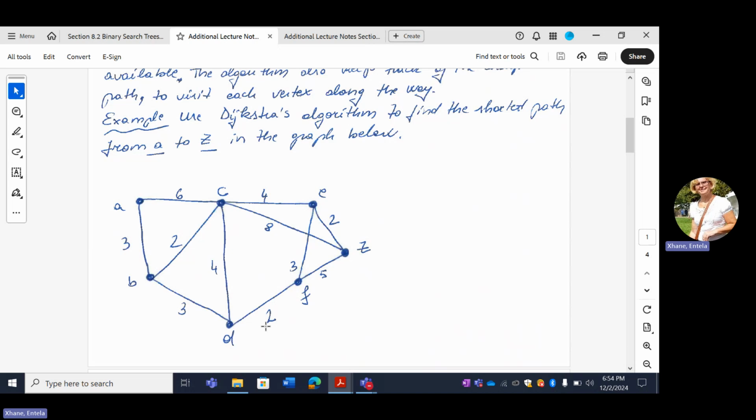The table is going to have a column representing the vertex, and a column representing the labels. These labels in some scenarios are going to be defined by a single number, which is the weight of that particular edge as you move from one vertex to the other, or possibly the outcome of summing up the weights of two or more edges. So let's try to look at the first step.